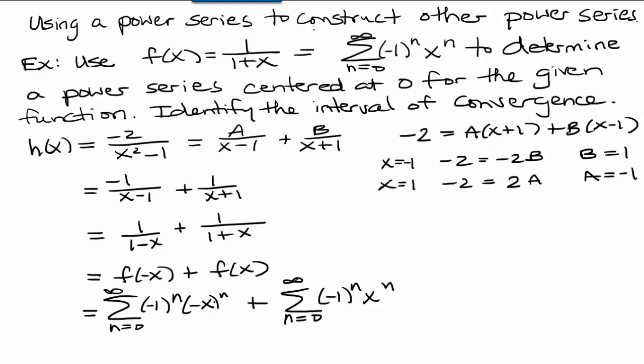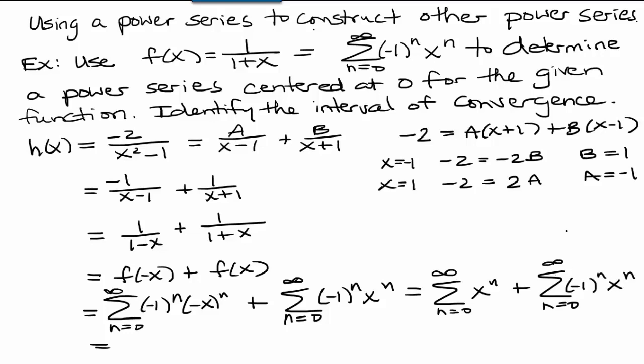Over here the negative 1s are going to cancel out, so we're just going to have the sum n equals 0 to infinity of x to the n plus the alternating sum n equals 0 to infinity, negative 1 to the n, x to the n.